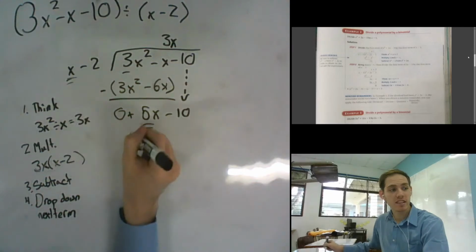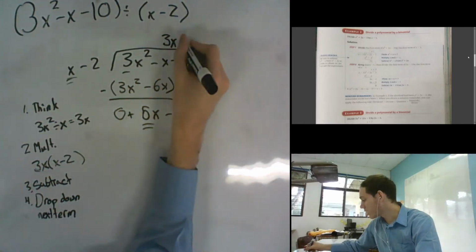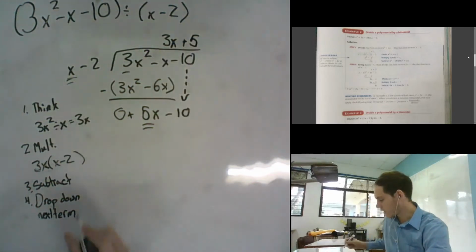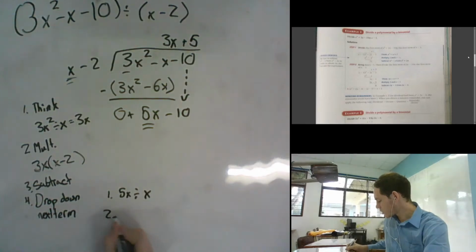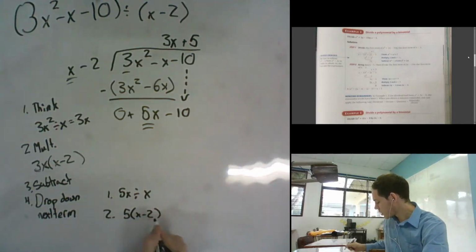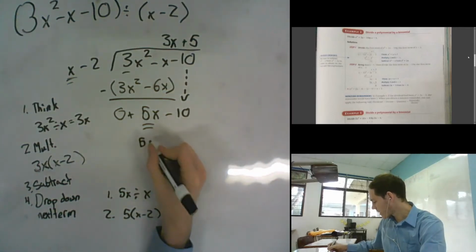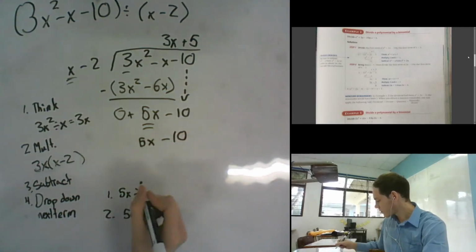How much does x go into 5x? Well, we get plus 5. Okay, so we do 5x divided by x. Then we multiply: 5 times x minus 2, which gives us 5x minus 10.